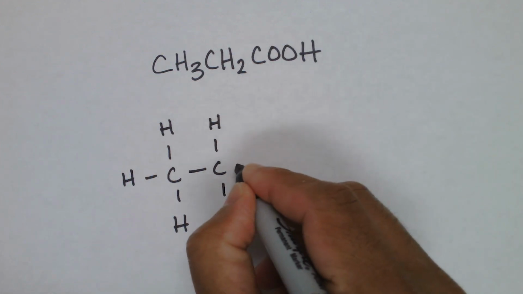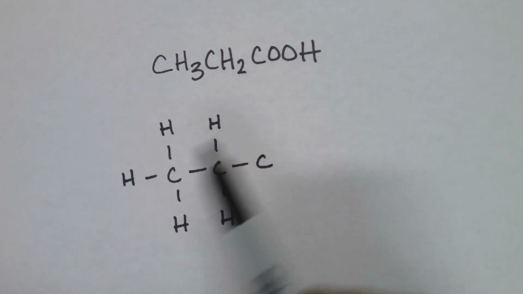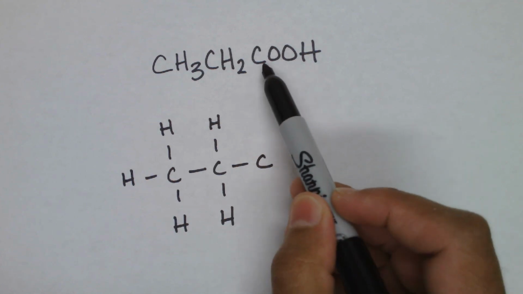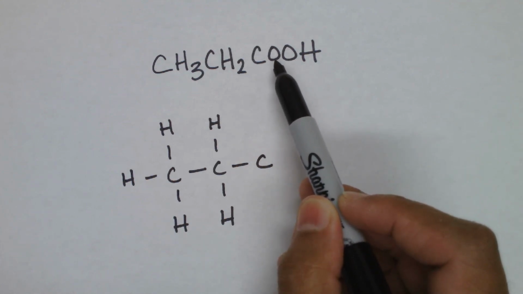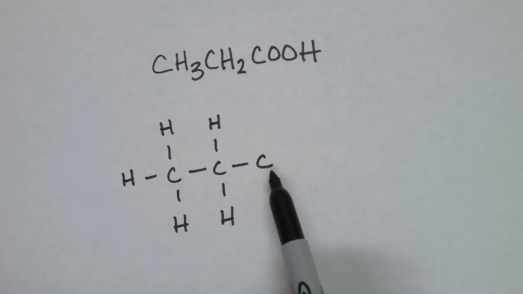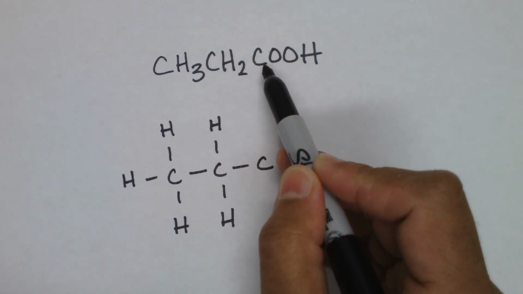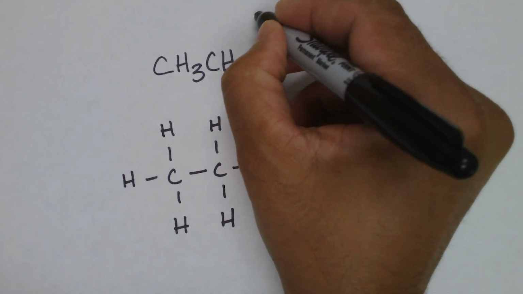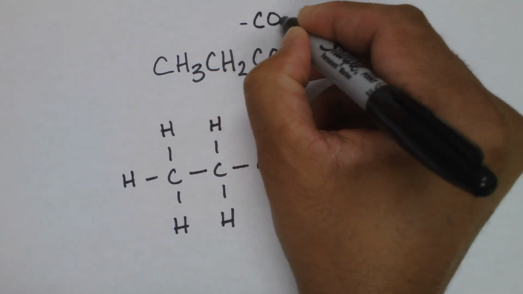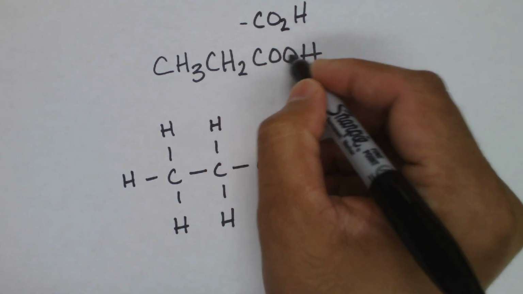So here's the carbon. And if you study the bonding patterns, you'll recognize this carbon is bonded to this oxygen, and then something else has to happen. We cannot leave this carbon with only two bonds. So when you see this characteristic COO, and sometimes you'll see this written as CO2, that means we have a carbonyl functional group.